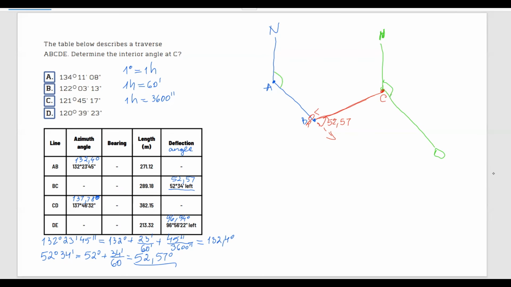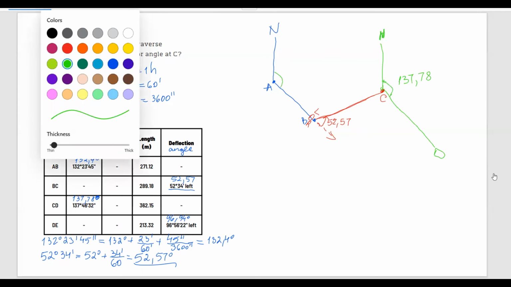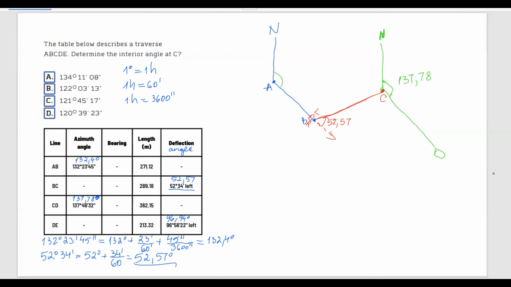Okay, so the azimuth for CD, we know it is 137.78. The azimuth for AB is 132.40 degrees. Okay, and we are asked to determine the interior angle at C. So this is what we have to calculate.